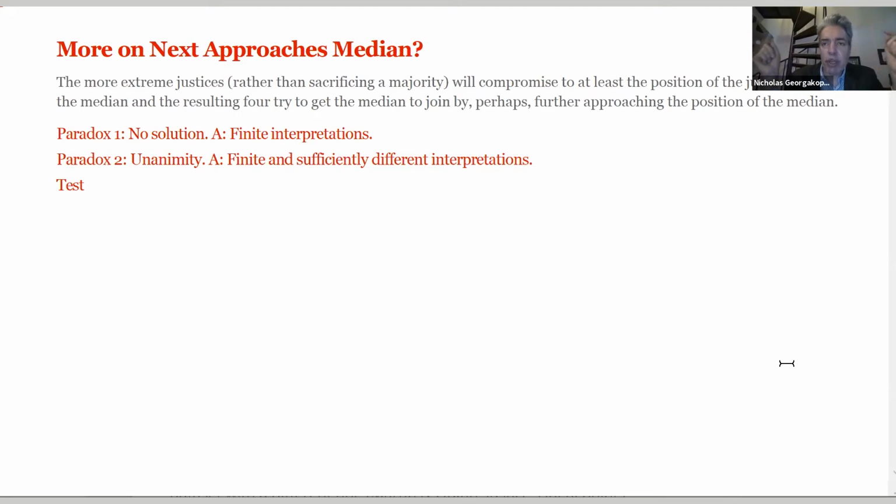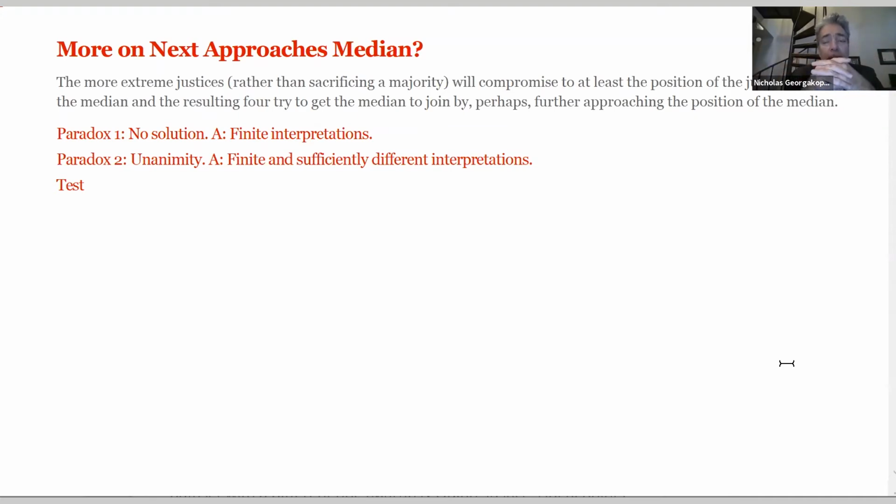How do they approach the median? Essentially, they coalesce to the interpretation that their side proposes that is closest to the median, namely the interpretation that is proposed by the justice who is next to the median. The justice on the liberal side and the justice on the conservative side.